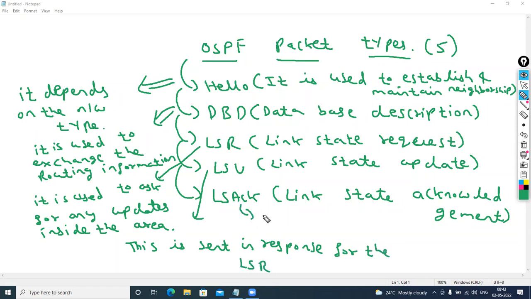So since OSPF is reliable, for DBD, LSR, and LSU, you will receive an acknowledgement back.